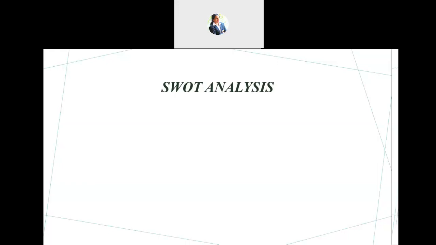SWOT can also be called the TOWS matrix, and each letter of the acronym represents the same thing. There they have considered the external environment first and the internal environment next.